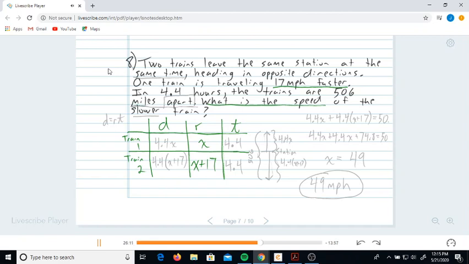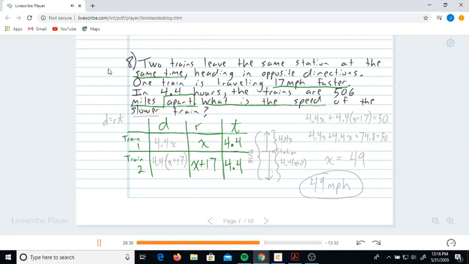The 506 miles is miles apart, and I really stress the word apart. So we don't know the distance that each train has traveled, but we do know train 1 has been traveling for 4.4 hours, and train 2 has been traveling for 4.4 hours. That's because it says right there they left the station at the same time, so they've been traveling for the same amount of time.